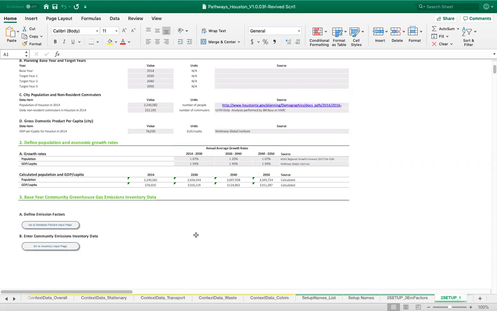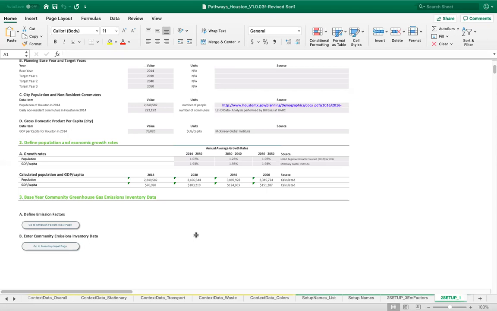And I should say overall that the model does have an innate database that is being built up over time to pull some of the most standard values and factors used in calculations, be it emissions factors, appliance performance, vehicle standards, whatever it may be.